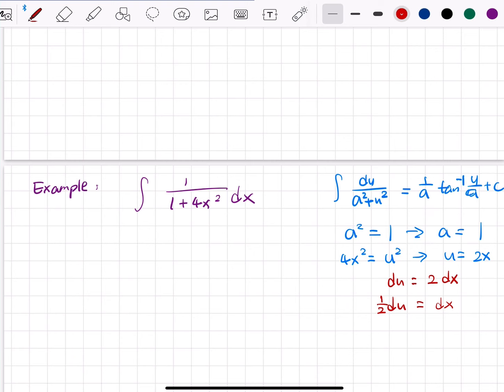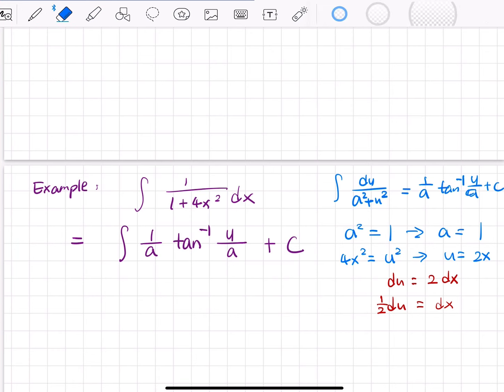Let's apply the formula. According to the formula, this is going to be 1/a tangent inverse of u/a plus c.